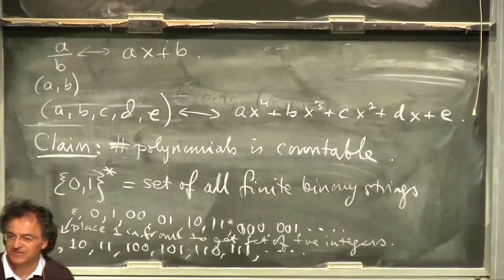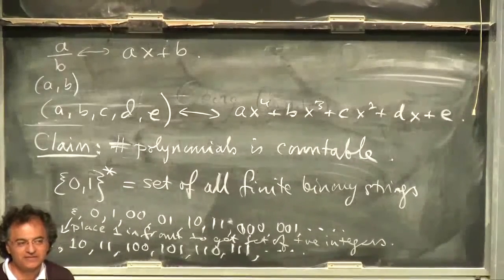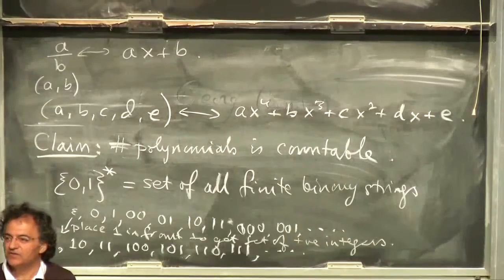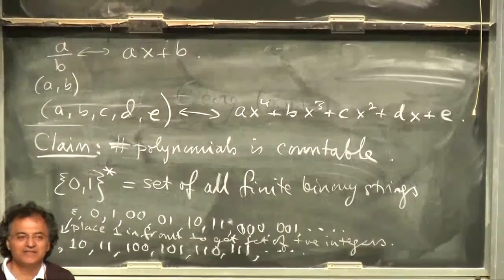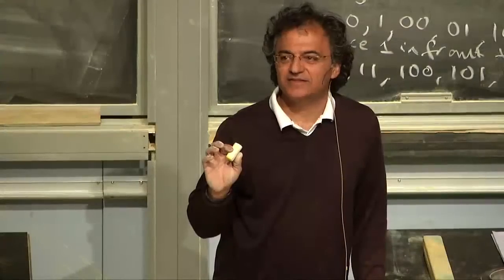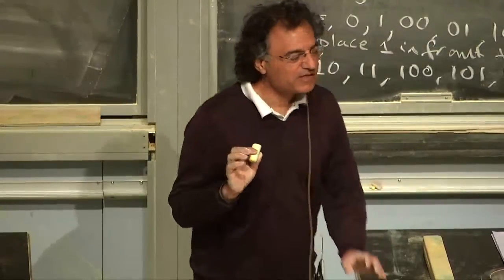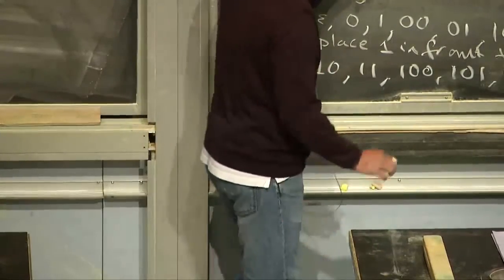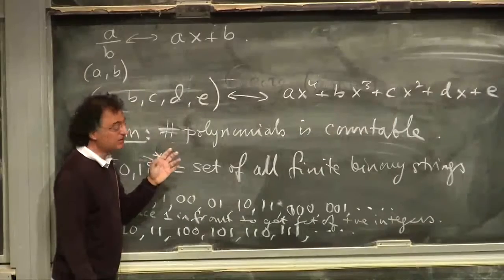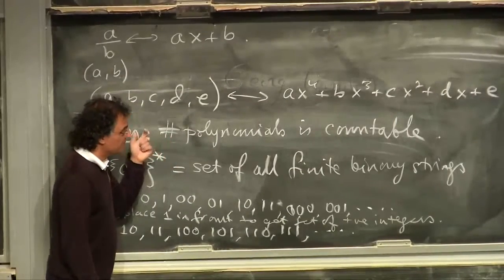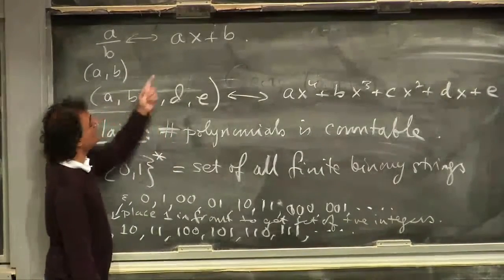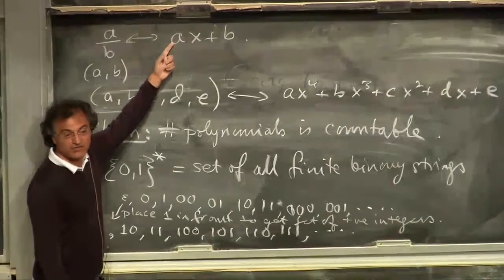Let's see. How many of you think you figured it out? Okay, so let me just say a little bit about this. Let's go back and remember what we are trying to show. We are looking at polynomials whose coefficients are natural numbers.